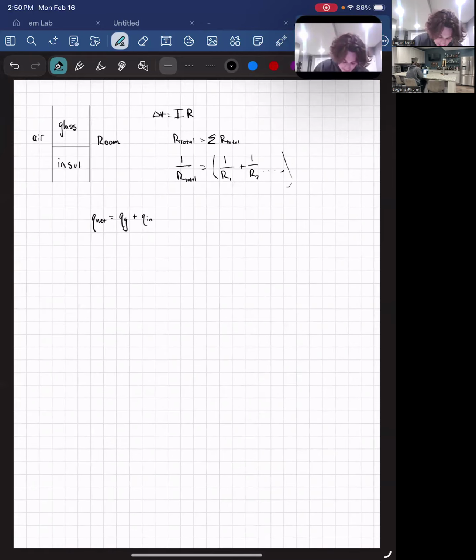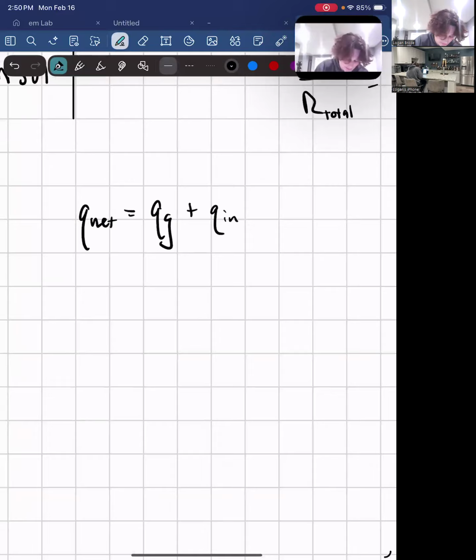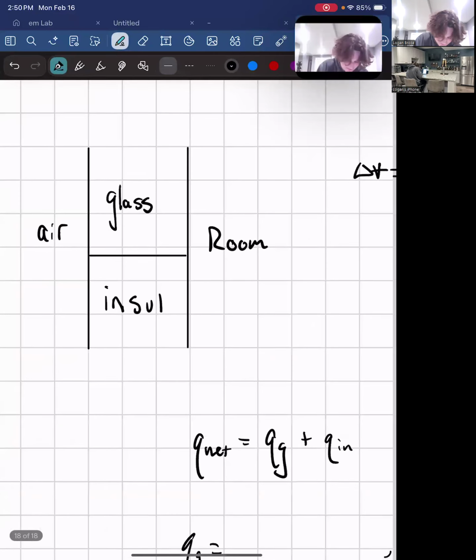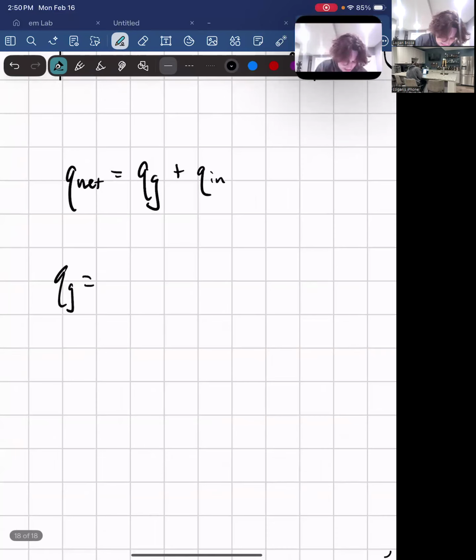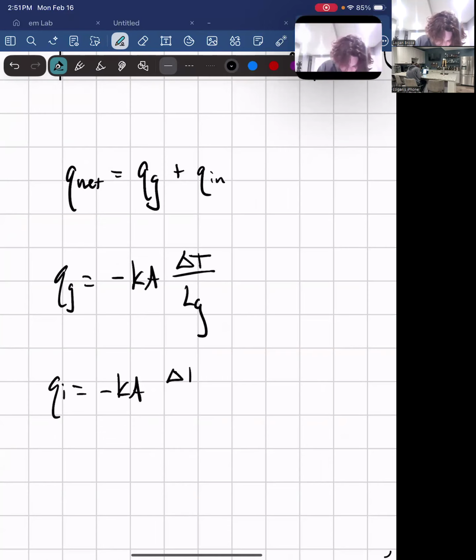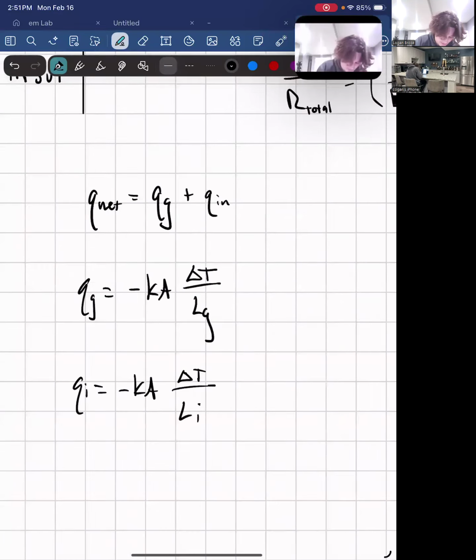And when we look at this, we can break down the Qs, right? So we have our Q glass. We know this is by conduction, going through our glass, right? So we have our minus kA delta T over L glass, right? And then we can do the same thing for the insulation. Q i equals minus kA delta T over L i, right?